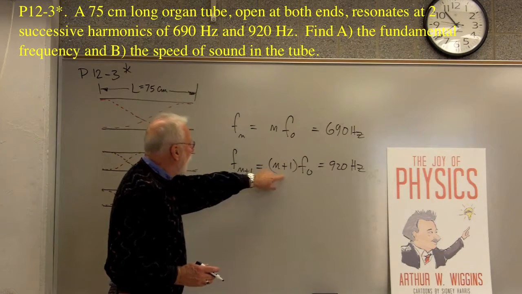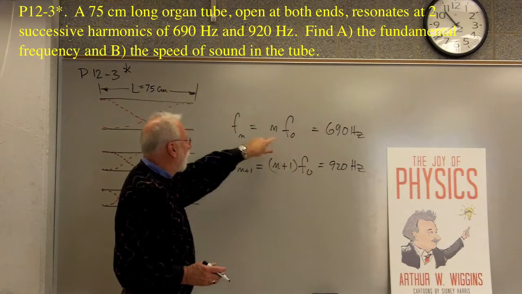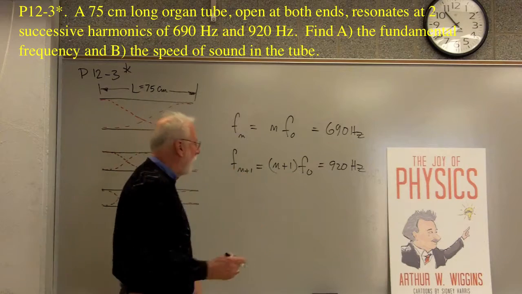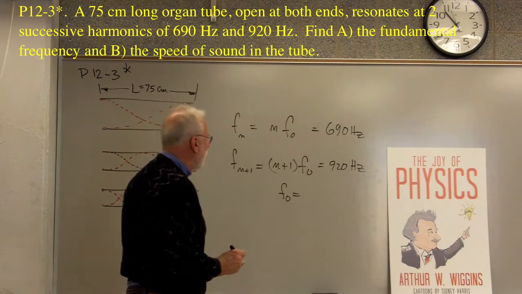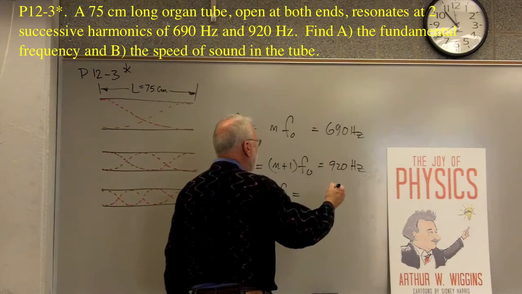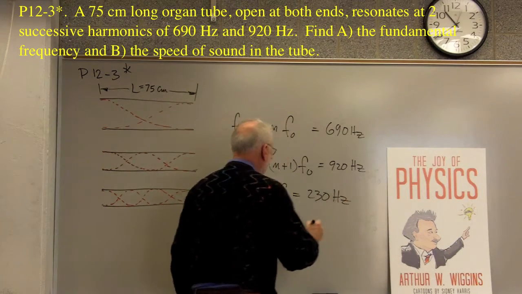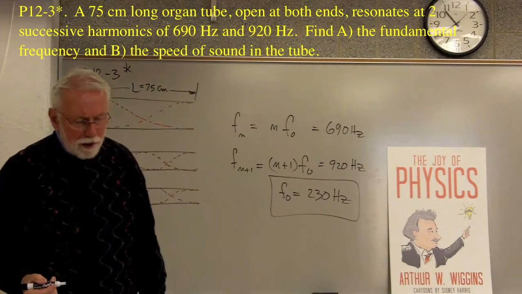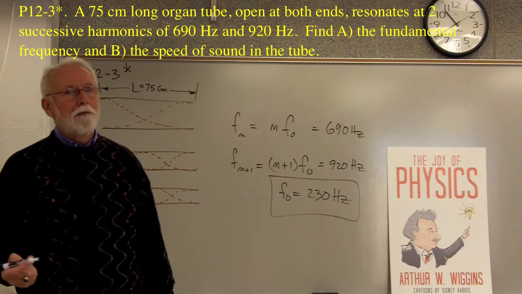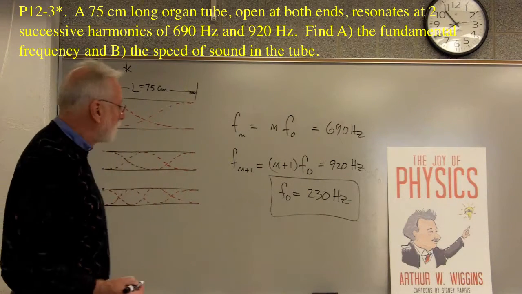If you take this equation and subtract that one, what do you get? (n+1) times f0 minus n f0. All I've got left is f0. And so subtraction gives us 920 minus 690. This must be 230 hertz. There's the fundamental frequency. How did it get to be so simple? Every once in a while, life deals you some nice, simple things. This is one of them.